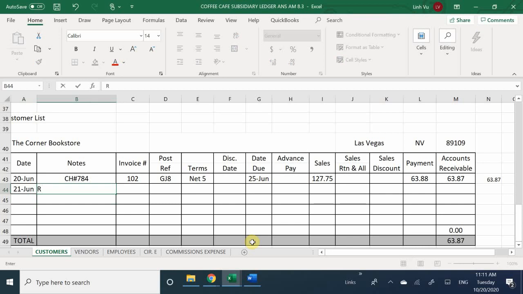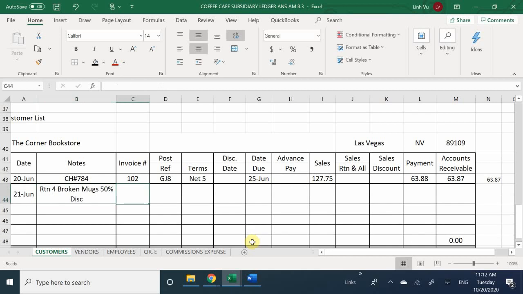We're going to return for a 50% discount. We know that the invoice is going to be 102C because Corner Bookstore wants us to apply the credit to the invoice, right? General journal number 9.